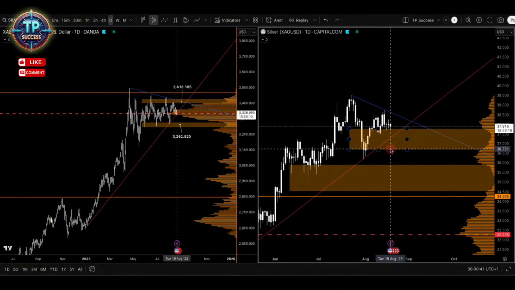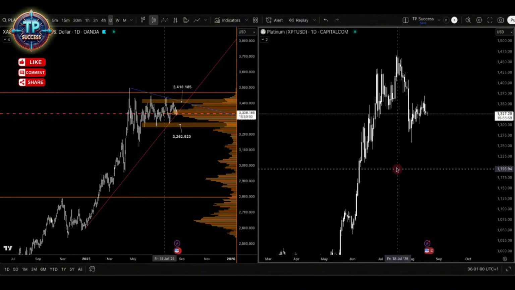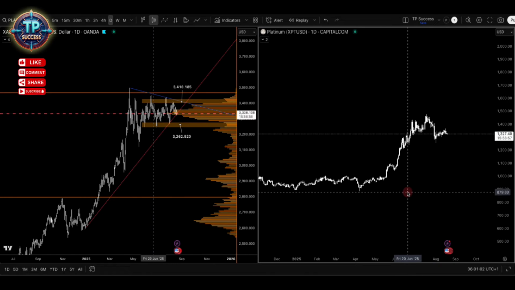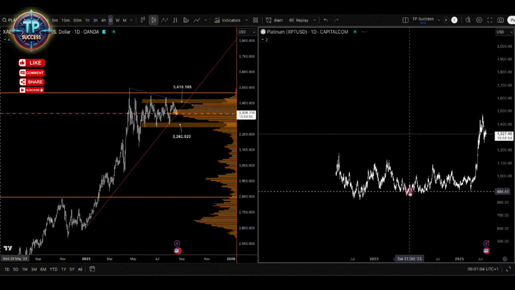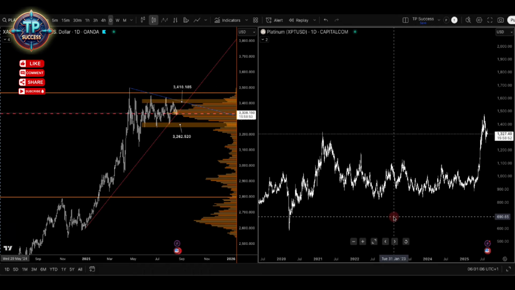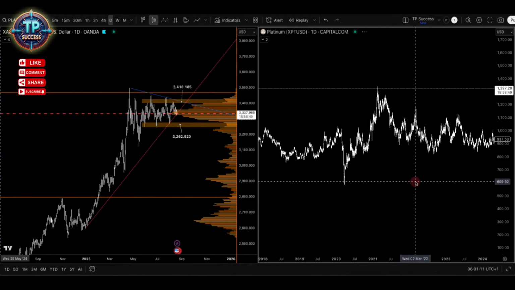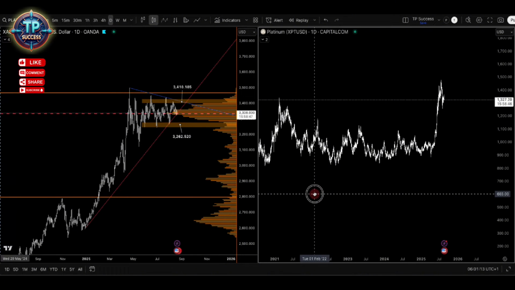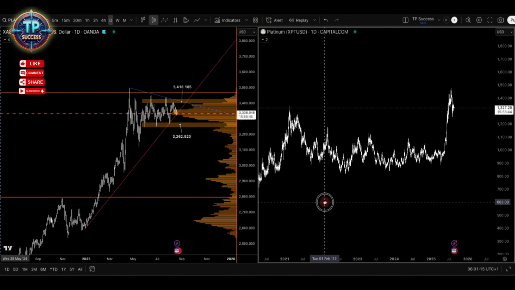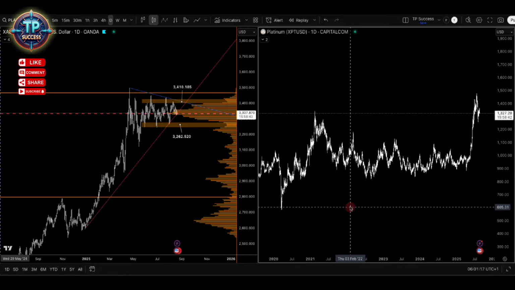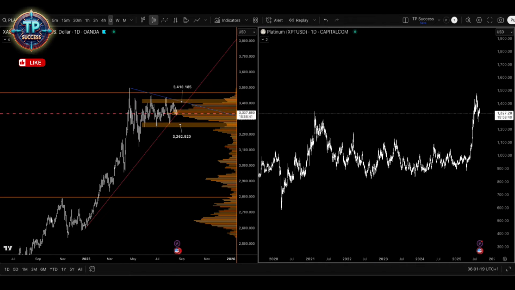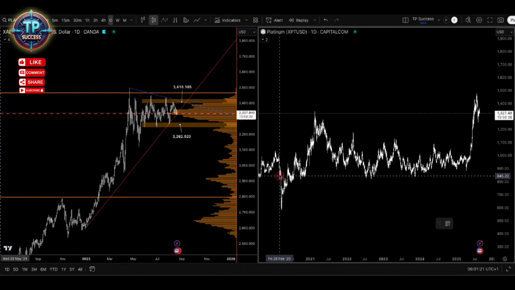Okay, so now that we've gotten this out of the way, let's also take a look at platinum. Okay, and we can also see, this is not exactly looking like gold, but however it is looking quite nice.